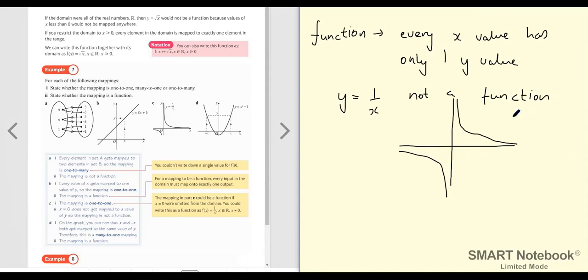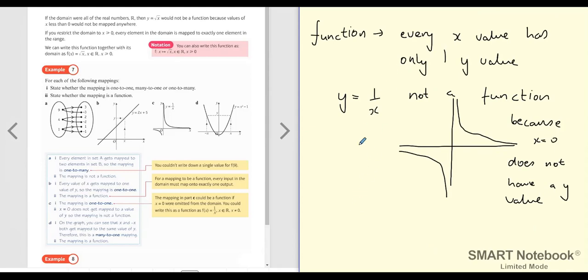Because x equals 0 does not have a y value. Okay, does that make sense? Any questions there?